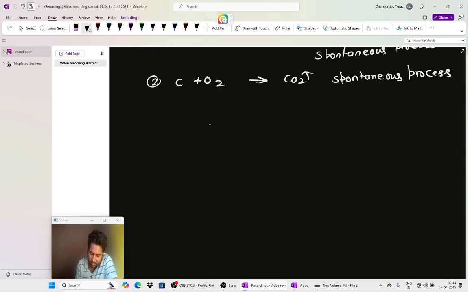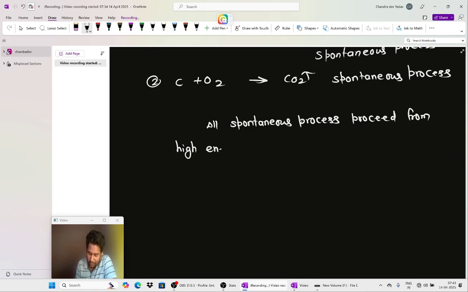All spontaneous processes flow or proceed from high energy to low energy.